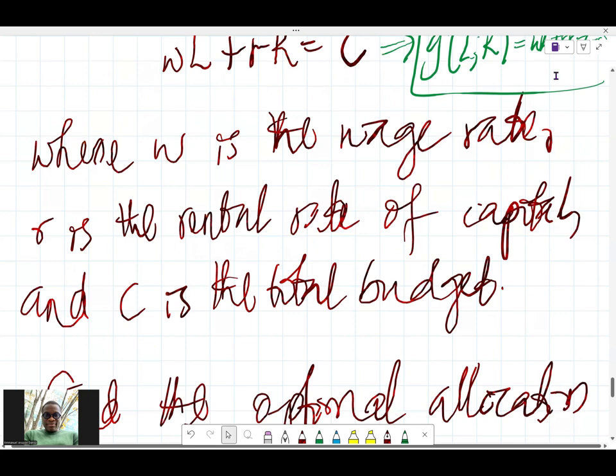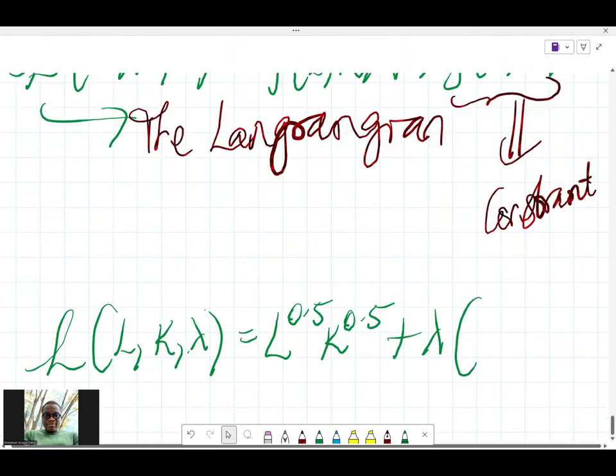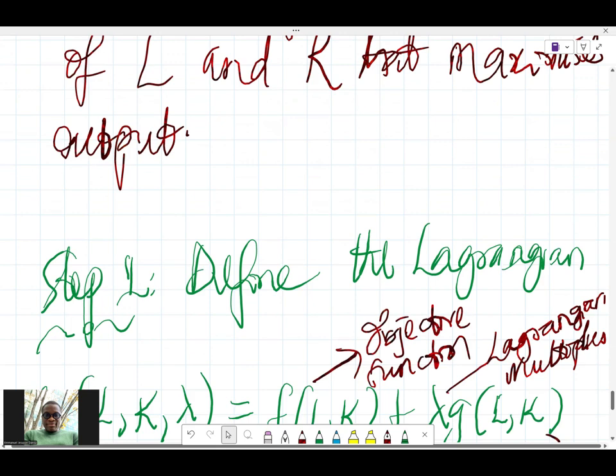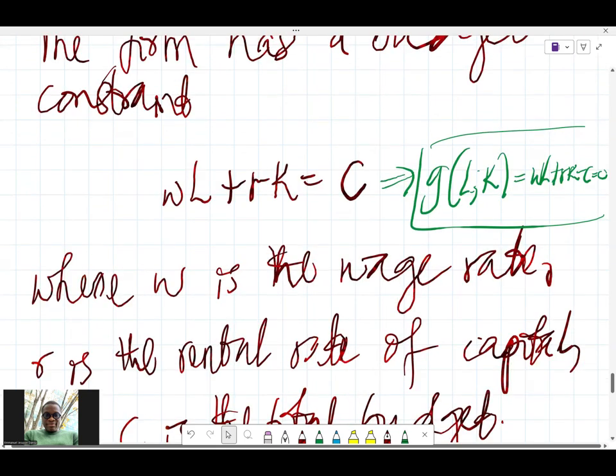So we can have this in bracket here. So this is from what we have right here, right? So this is WL plus RK minus C equals 0.